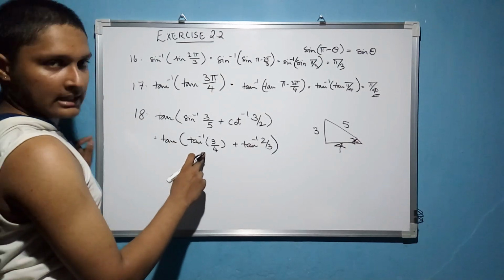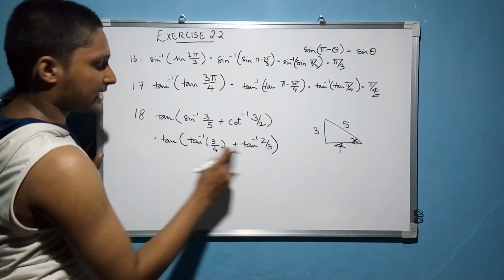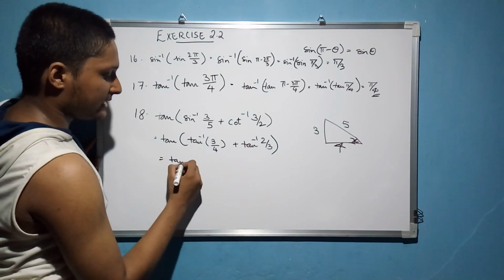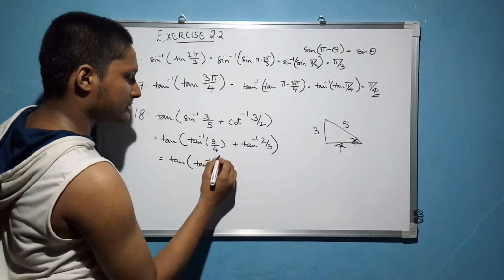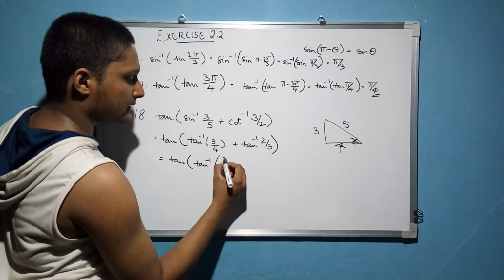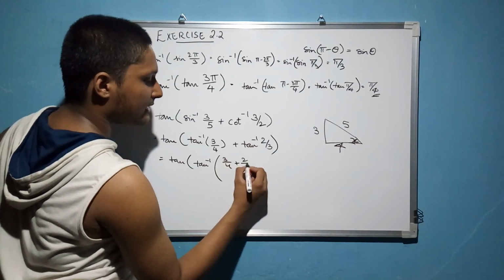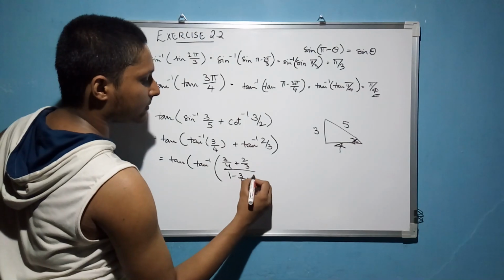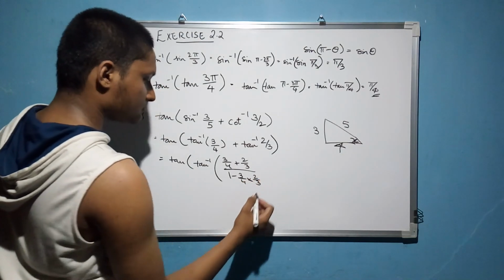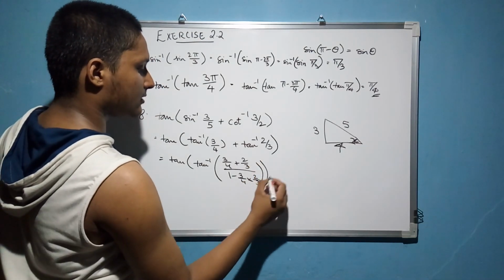Now we have tan inverse x plus tan inverse y. So that comes to be tan of tan inverse A plus B, that is 3 by 4 plus 2 by 3 divided by 1 minus 3 by 4 into 2 by 3. Okay, this much we got.